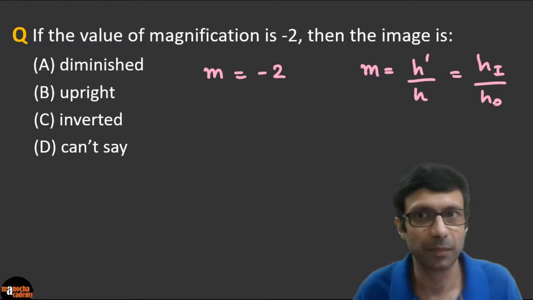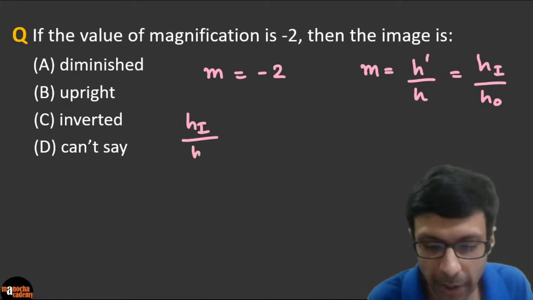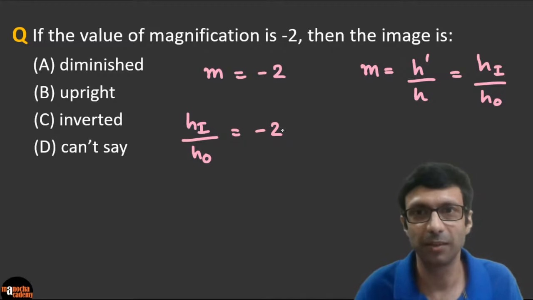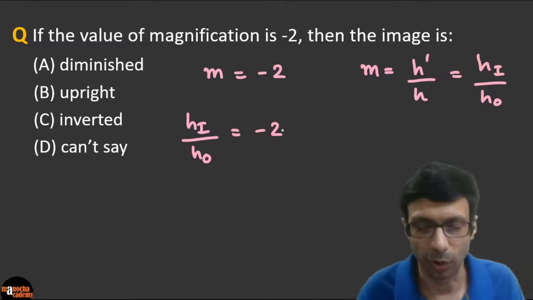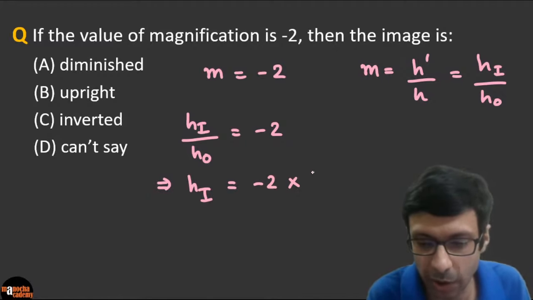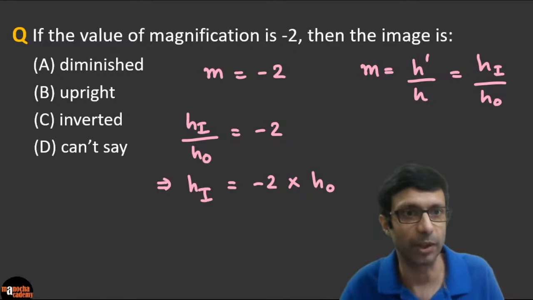So what do we know here? HI by HO is -2. That's what's given to us. So we can say the image height HI is -2 times the object height. Do you guys agree?